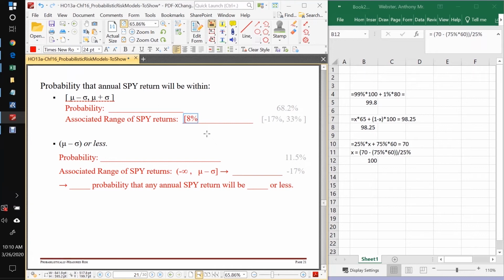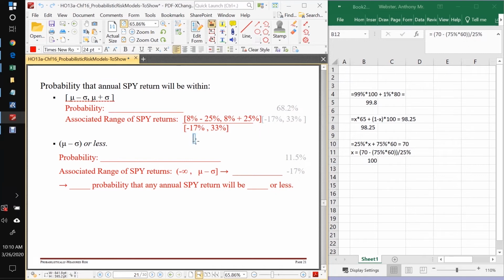Our range is going to be 8% minus 25% to 8% plus 25%. If you do the arithmetic, that gives us minus 17% to 8 plus 25, which is 33%.